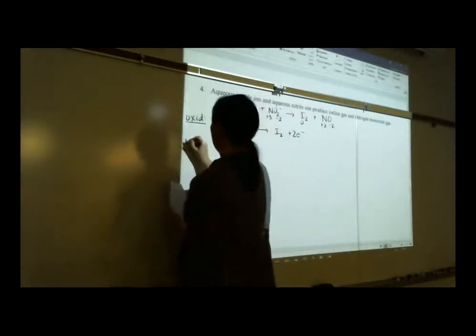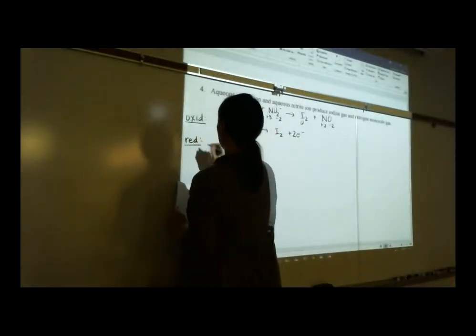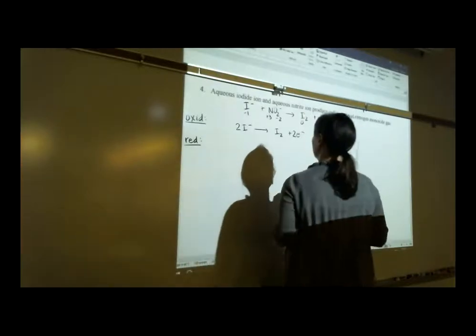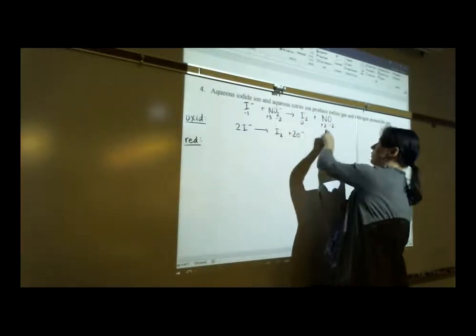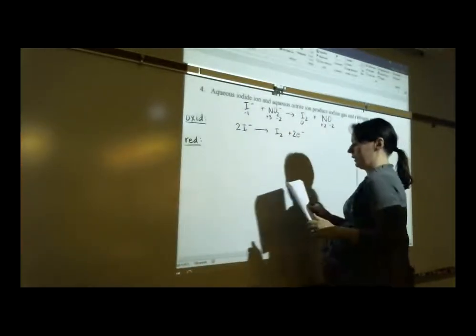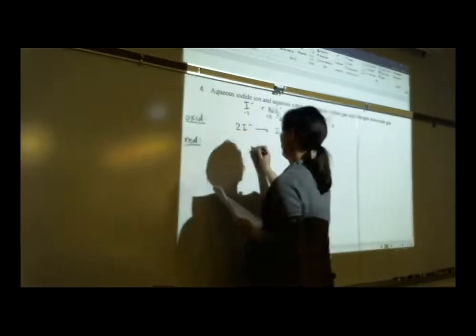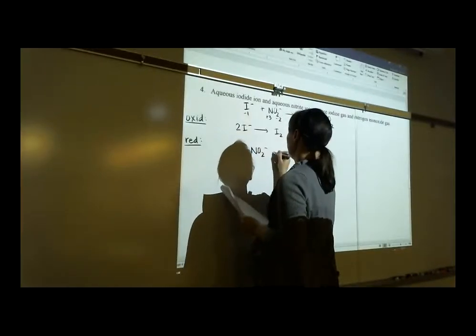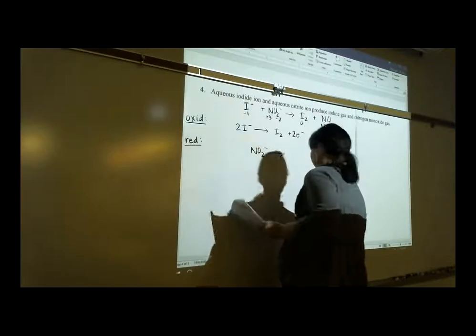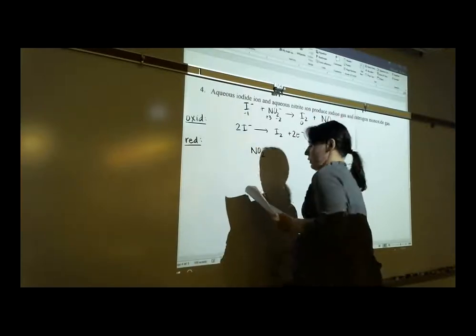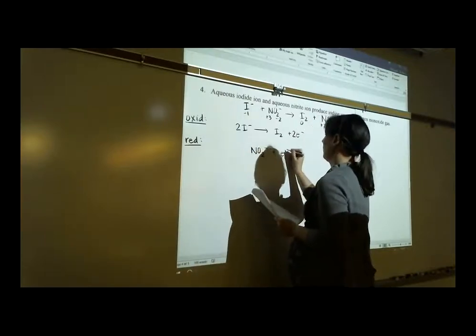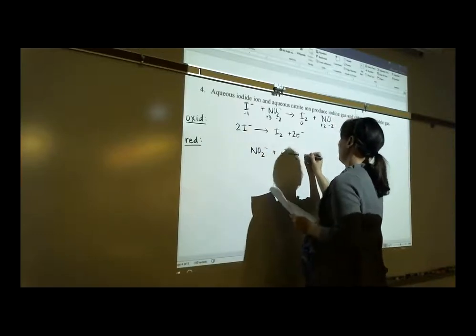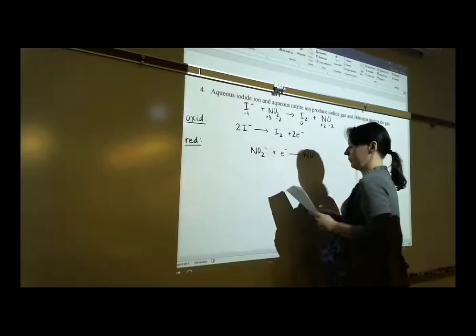For the reduction, let's look at what goes on there. Nitrogen goes from +3 to +2, so that's a gain of 1 electron. Okay, so we've got NO2 minus plus our electron gives me NO, right?